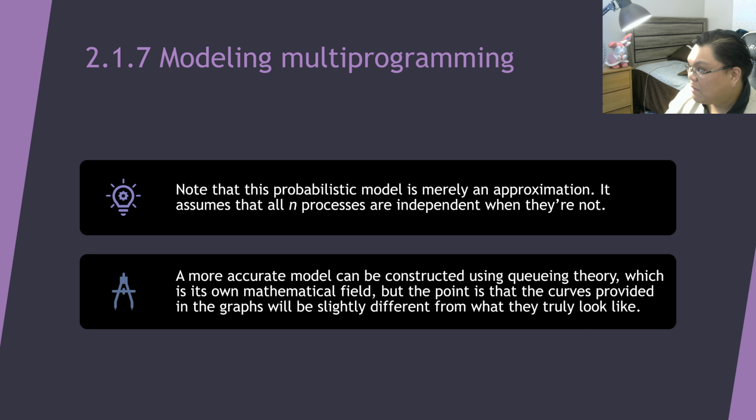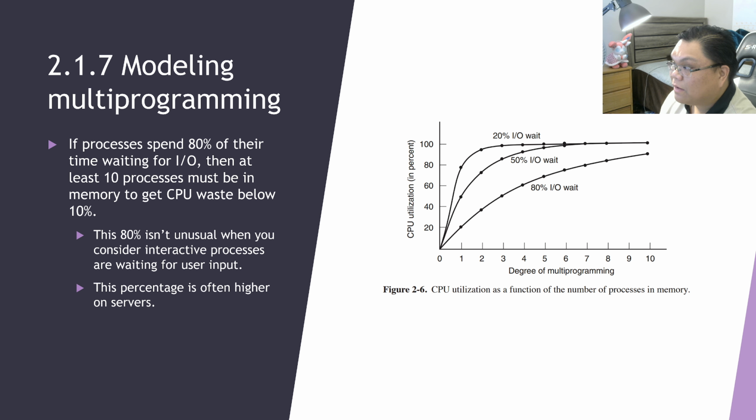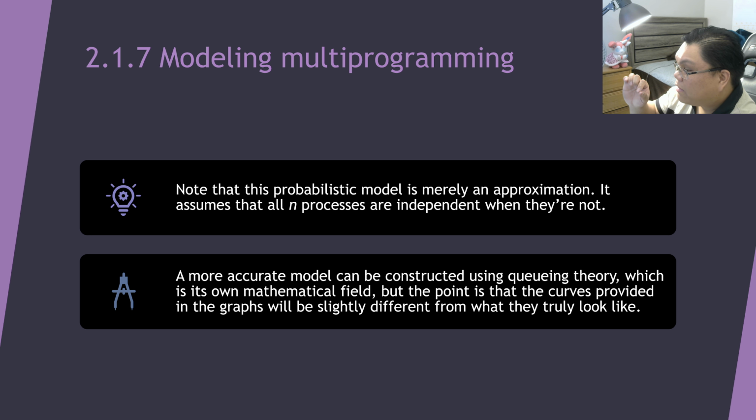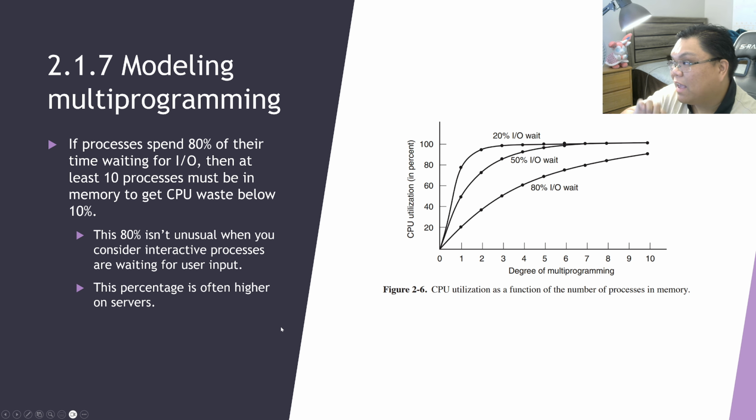That is its own mathematical field, but the point is that these curves may be slightly different from the actual curve in reality. Again, we could use queuing theory, but the idea is that these curves give a good enough approximation, even though the curve might be slightly different from this. Again, it's merely an approximation.